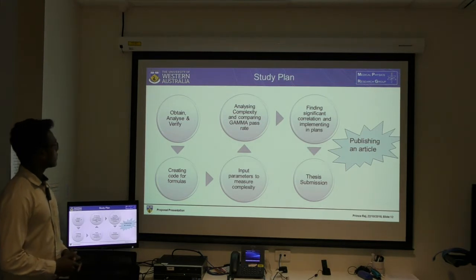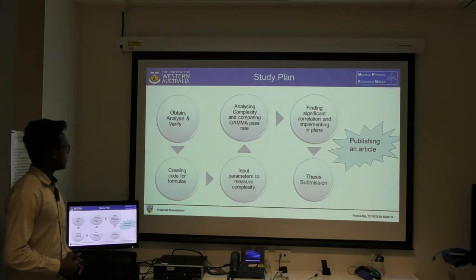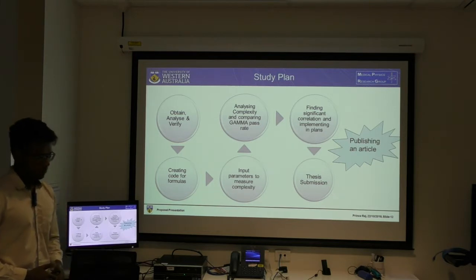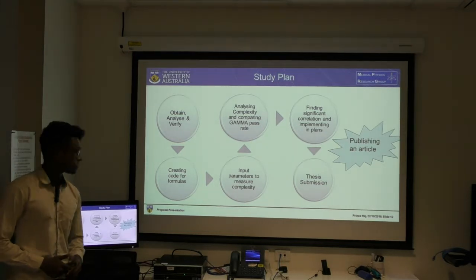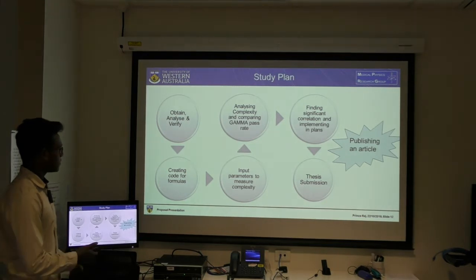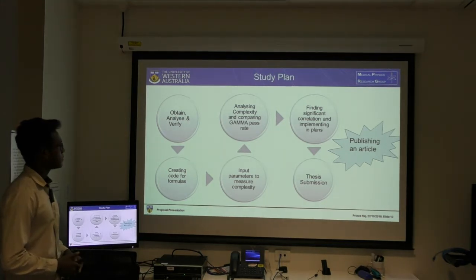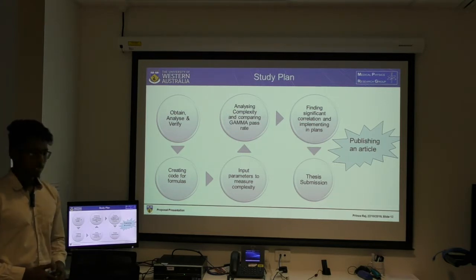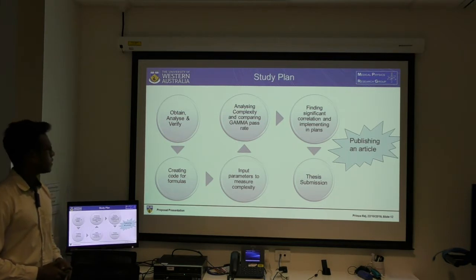Here, this is a study plan. Verify data and then create code. Hopefully I'll complete these codes around this summer, or probably halfway through the next semester. And then just inputting those parameters, finding the complexity score, and comparing the gamma pass rate, I think that wouldn't take long, probably around the end of the next semester.